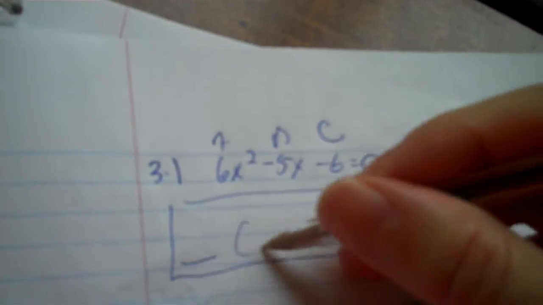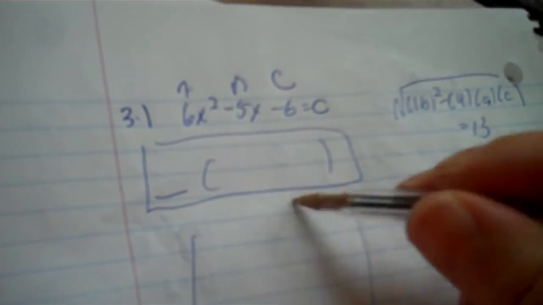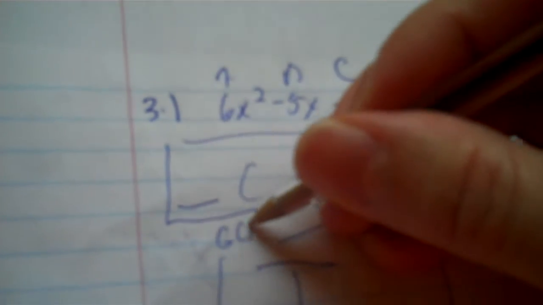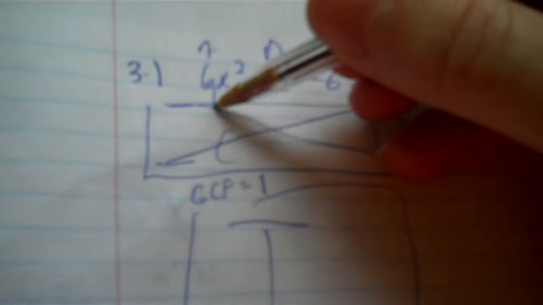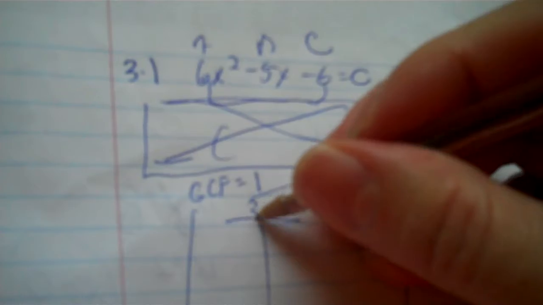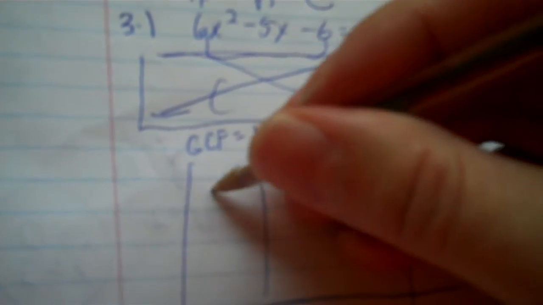Okay, I got 13, so again, that means I want to do it exactly like I did the last problem. 6, 5, and 6 are just in the one row, and the C means no X. So 6 times negative 6, that would be negative 36. So it's a negative, so I'm thinking positive times negative.